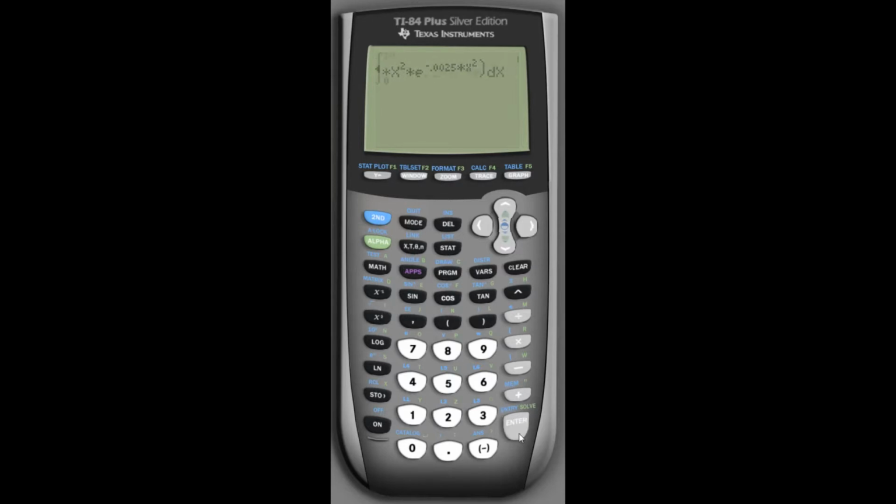Let's calculate this. And we get that there are 1,675.415 million plankton cells in the column of water between 0 and 30 meters.